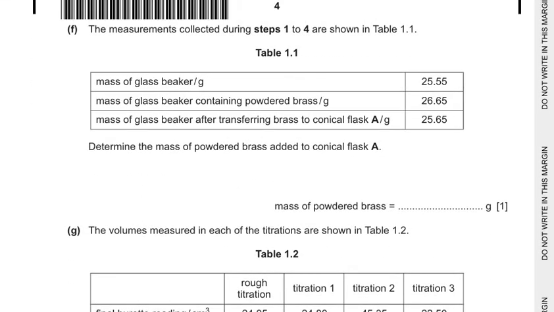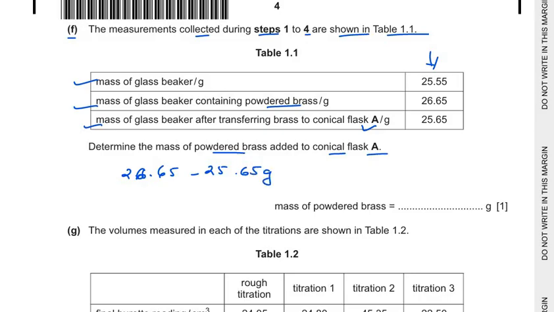The next sub-question is, the measurements collected during step 1 to step 4 are shown in table 1.1. That is the mass of the beaker containing powdered brass, and the mass of the empty beaker after transferring the brass to the flask A. Now determine the mass of the powdered brass added to conical flask A. For that we subtract 26.65 minus 25.65 grams, and so we get 1.00 gram of brass.